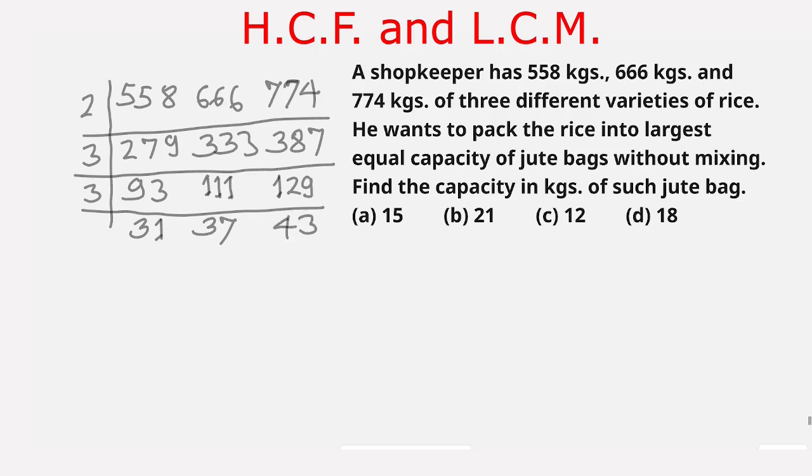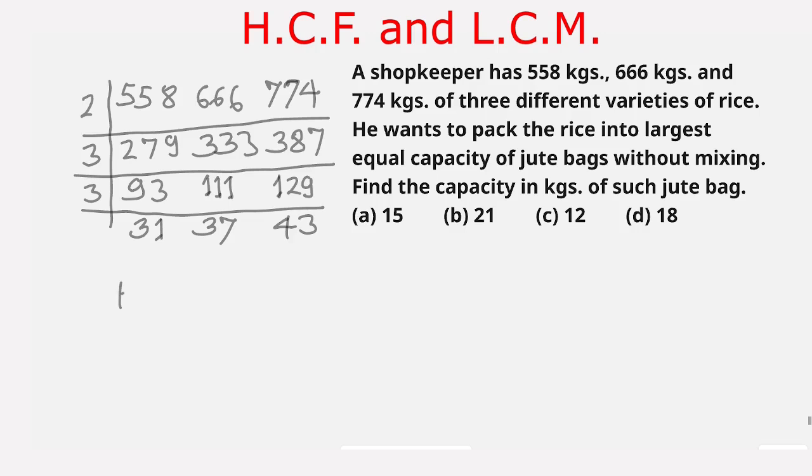Now the last leftover numbers are 31, 37 and 43. These numbers are co-prime to each other and we cannot find any common factor out of these 3 numbers. So the only common factors are 2, 3 and 3.